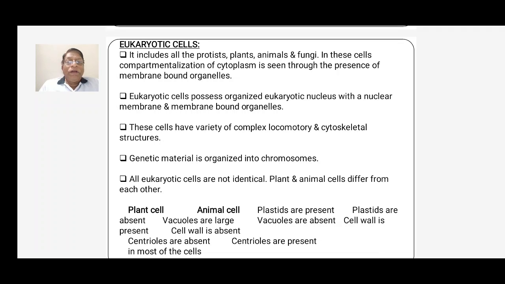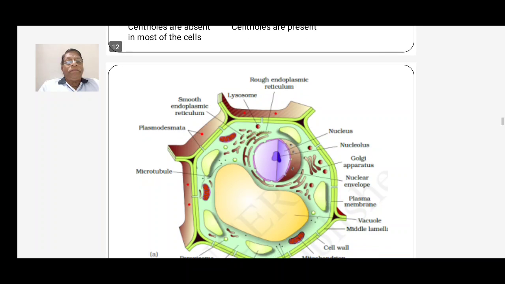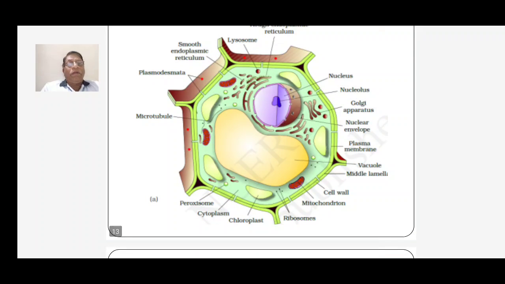Now, let us examine the ultrastructure of plant and animal cell. See the diagram of plant cell. The plant cell is protected by the outermost layer.